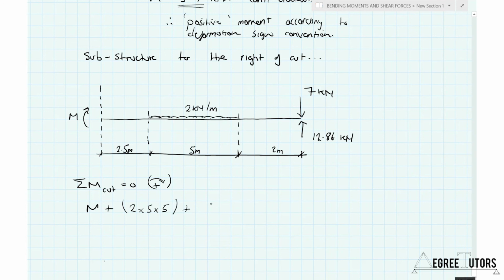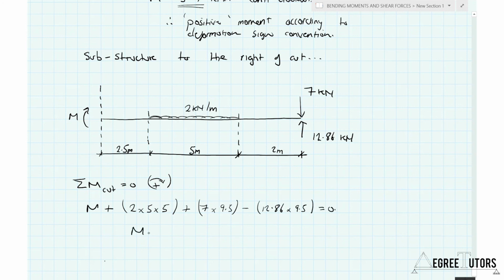Plus the moment effect of the 7 kilonewton point load, that's going to be 7 by a lever arm of 9.5. And then the negative moment effect of the support reaction, which is going to be 12.86 times 9.5. That all has to equal 0.